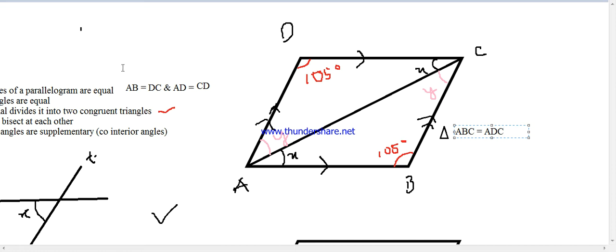These two triangles are congruent and equal. This proves our third statement over here.